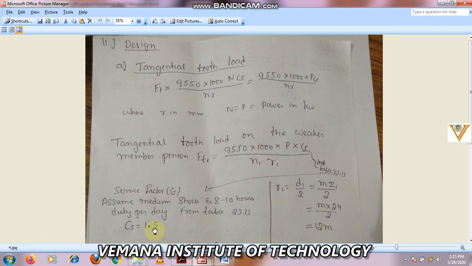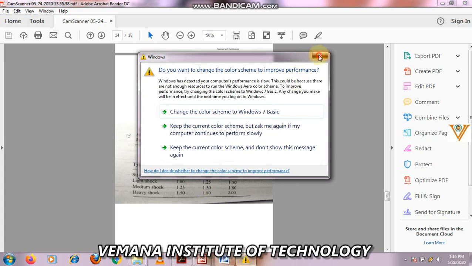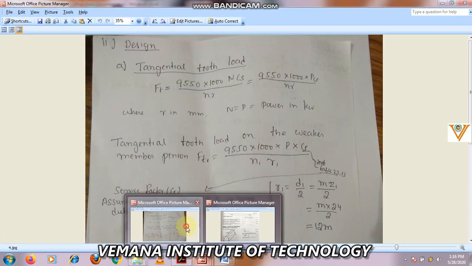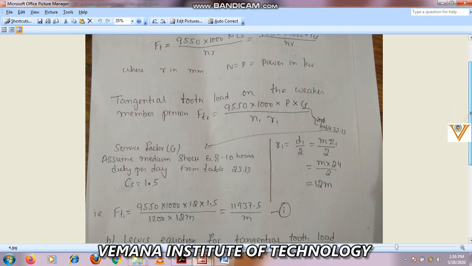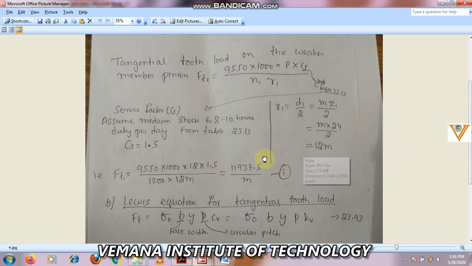The service factor we have taken as 1.5 from table 23.13, medium shock, 8 to 10 hours daily. Next, from this general tooth load equation, substitute all the values into the equation.